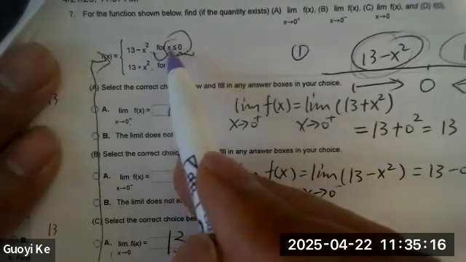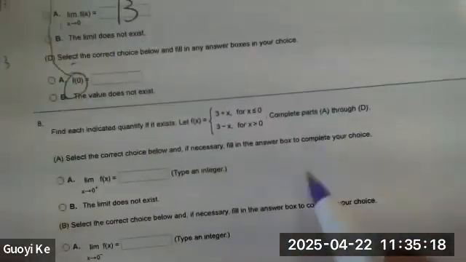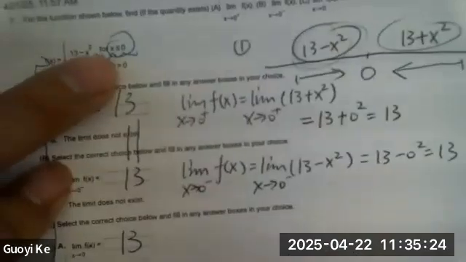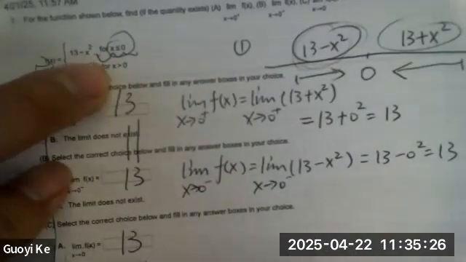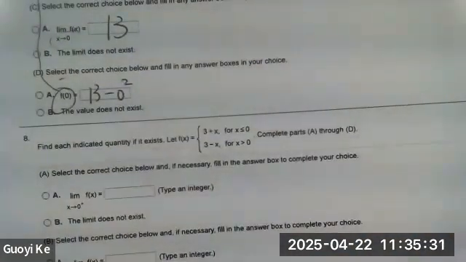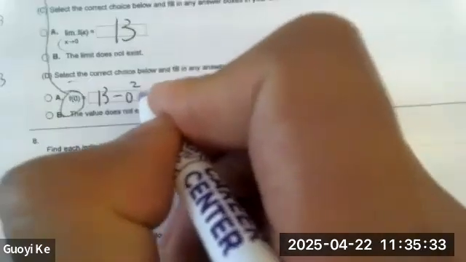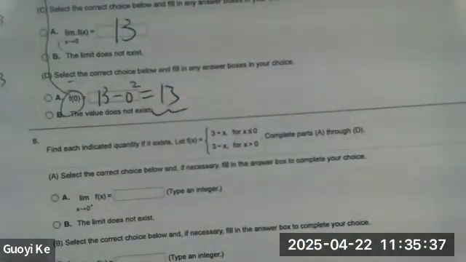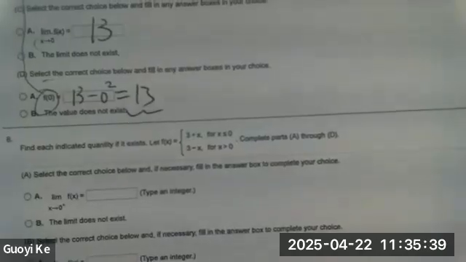So we plug in x equals 0 into this function, 13 minus 0 squared, and this equals 13. So the answer should be 13.